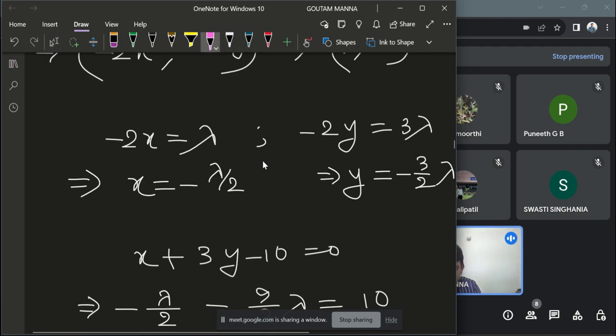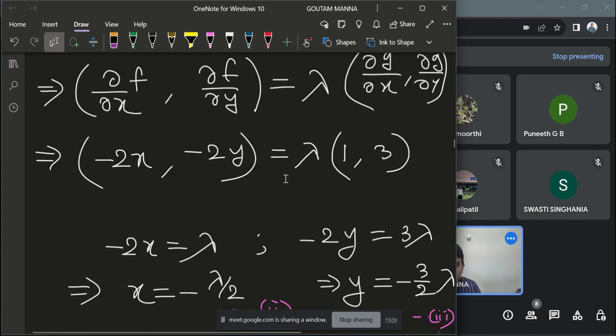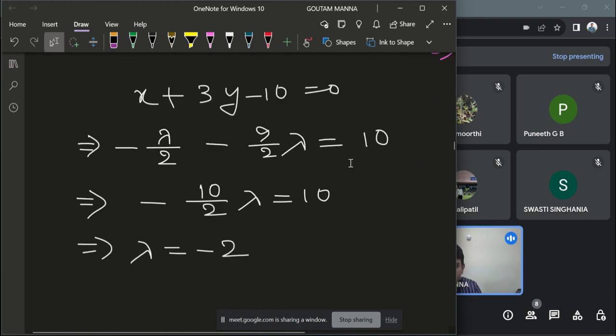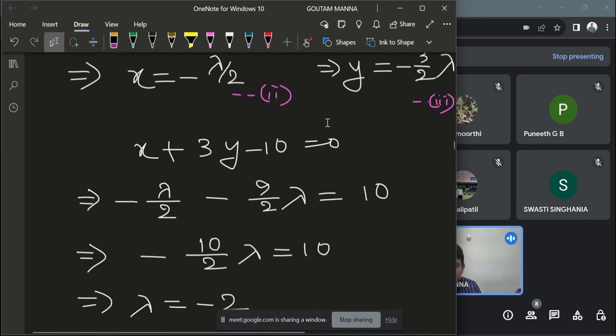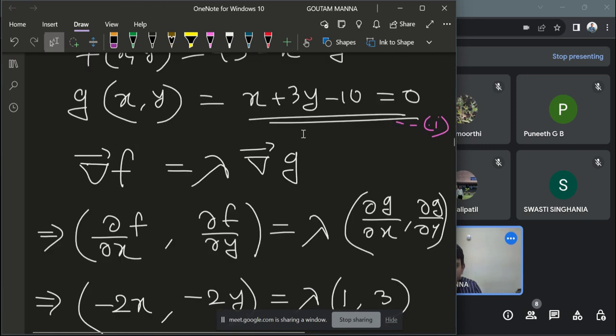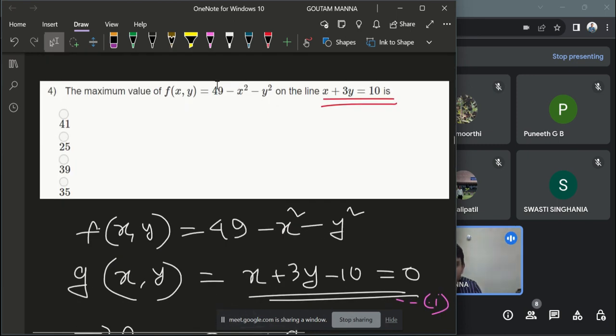Let me call the constraint equation 1, and the other two equation 2 and 3. Now if I put the value of lambda in equations 2 and 3, we will get the point where this function has a maximum value.